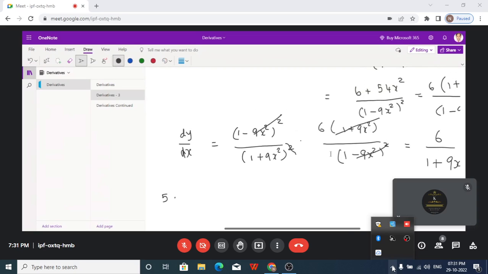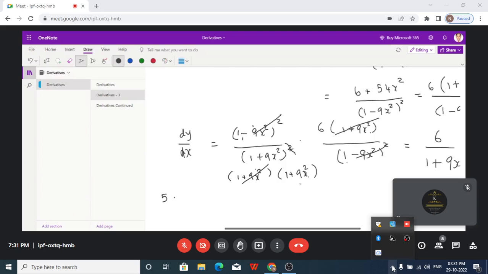Sir, how did the 1 plus 9x square and 1 minus 9x square, that whole square, get cancelled? We cancelled out: here there is a 1 minus 9x square the whole square, and here also a 1 minus 9x square the whole square. We have cancelled both. Sir, there is a plus on top, right? No, on this side there is a negative, right? This negative got cancelled. This plus is also cancelled. Here there is a plus square, and here there is one, so 1 factor will get cancelled out. So 1 plus 9x square will remain. This is equal to 1 plus 9x square into 1 plus 9x square, so since it is a square, 1 will get cancelled. Okay sir. Got it?